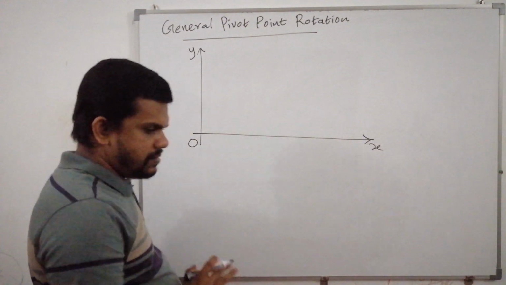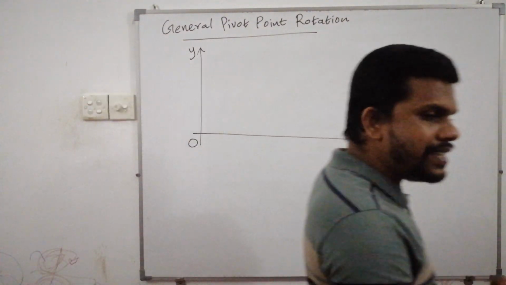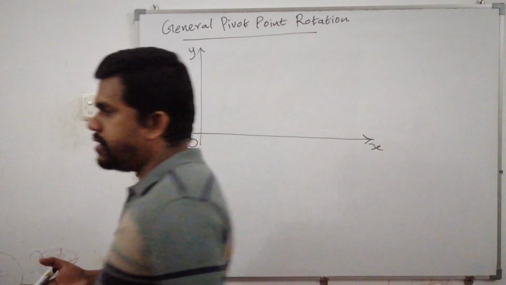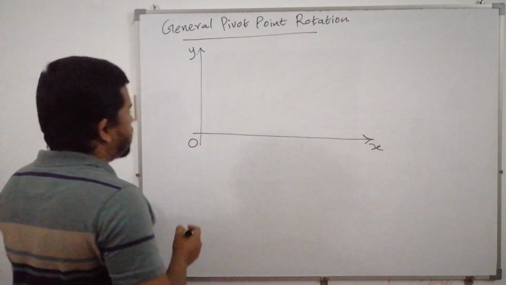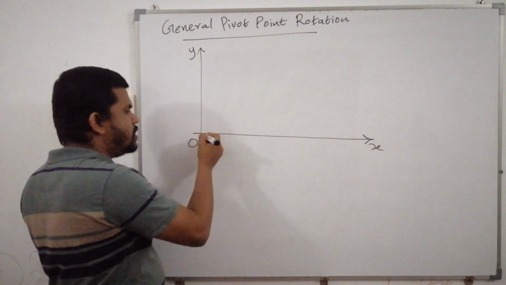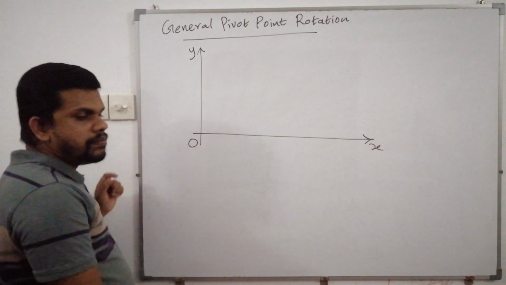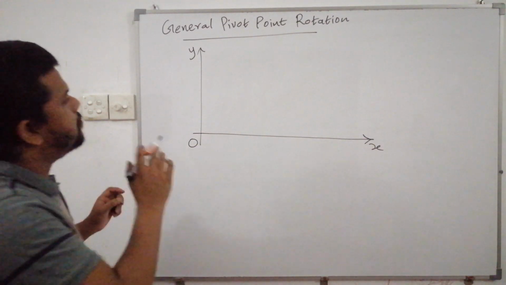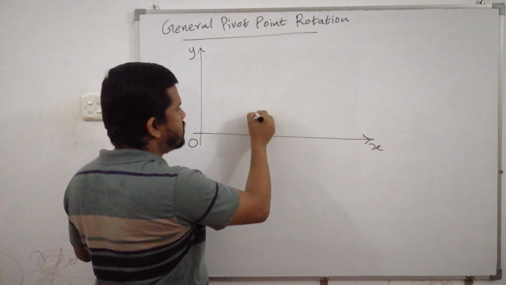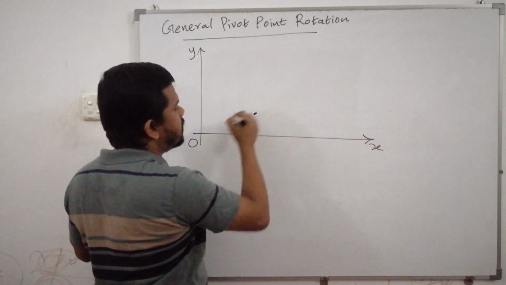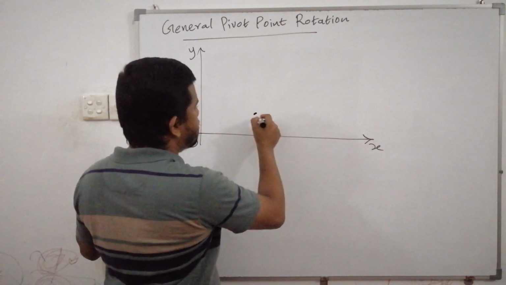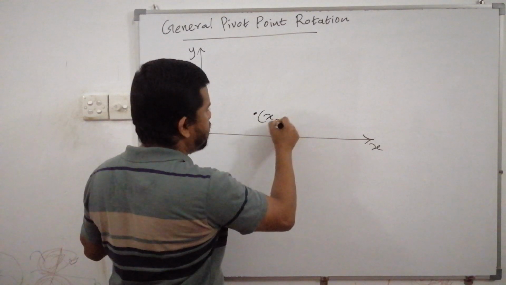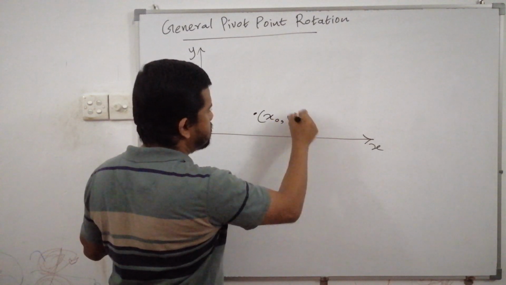We were discussing rotation and rotation matrix, but our pivot point was the origin. Now here pivot point means we select a general point. Let's say x naught comma y naught.